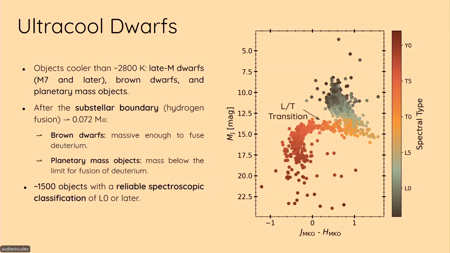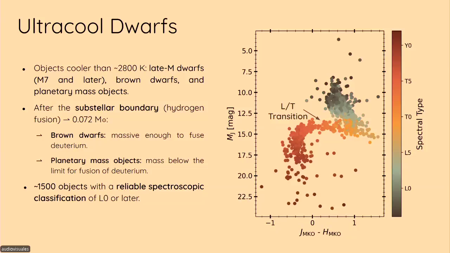So in more detail, here you have a brief summary of ultra-cool dwarfs, and these are objects that are cooler than more or less 2,800 Kelvin, which is the temperature at which the absorption bands start to be very significant. And among the ultra-cool dwarfs, we can find M dwarf stars with spectral types of M7 and later.